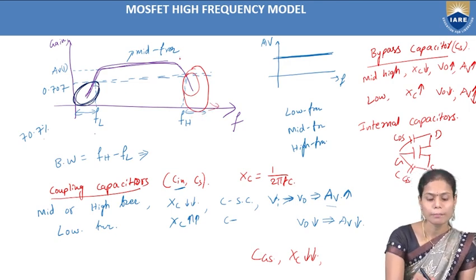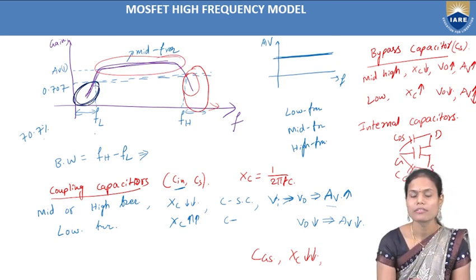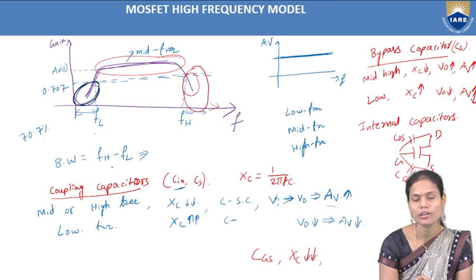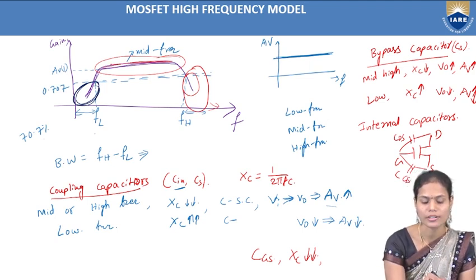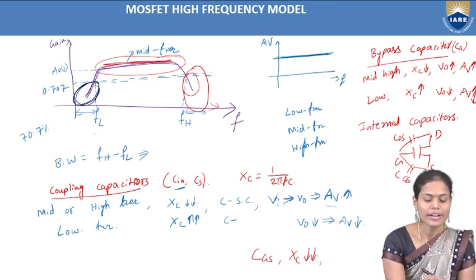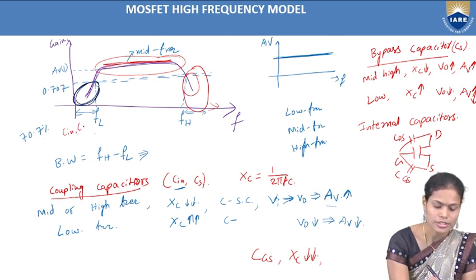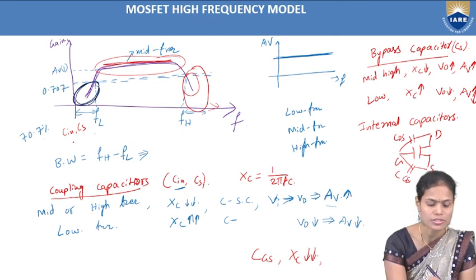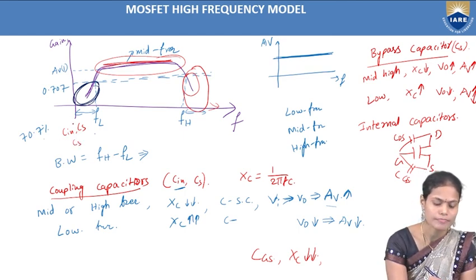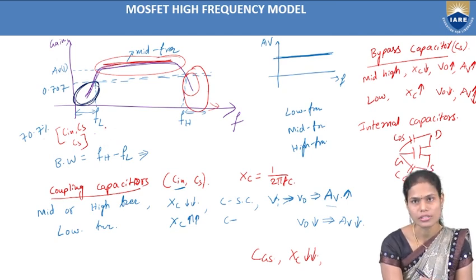But if we take the mid frequency range, there is no effect of capacitors here. Why? Because in the mid frequency range we are not considering the effect of any capacitor, so that's why we are getting the constant voltage gain here. So finally we can say, by using the coupling capacitors Cin and Cout as well as bypass capacitors Cs, there is a reduction of gain in the low frequency range of signals.